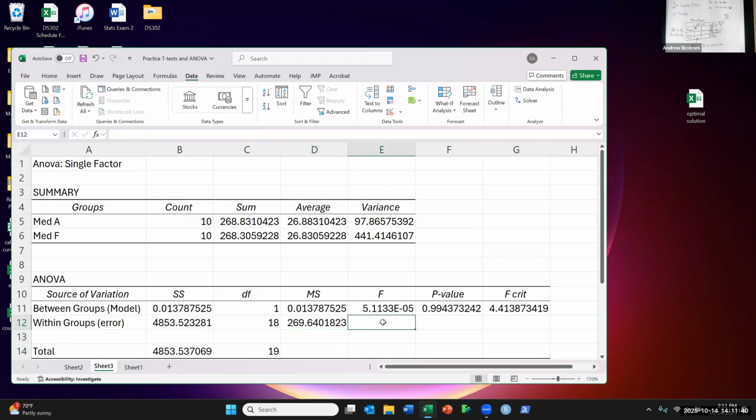And then the F-test here, again, it's the value on top divided by the value on the bottom. And this is telling me that the F value is really, really small. So the p-value for this test is 0.994. So that's basically telling me there is no significant difference between these groups. And with Excel, it actually gives you the F critical value that you can compare it to.